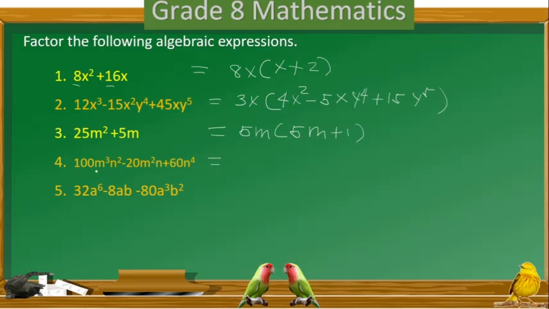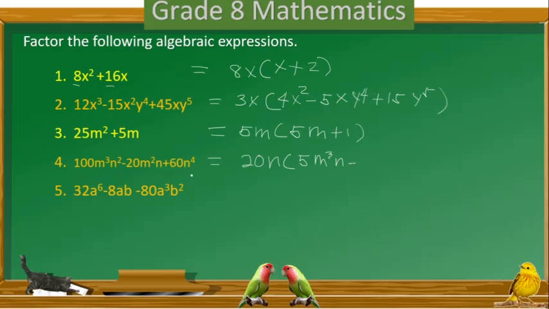And for this, the number that can divide all of these three terms is 20. If 20 can divide all of them, how about the variable? The variable common is n. So n is the one having the smallest exponent. So 100m cubed n squared divided by 20n, that is 5m cubed n.